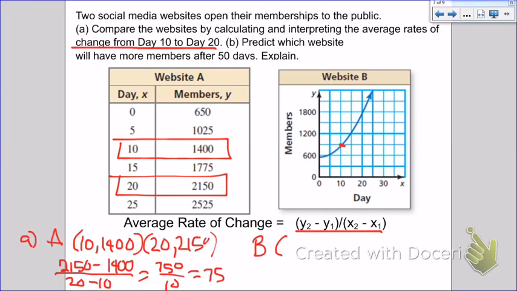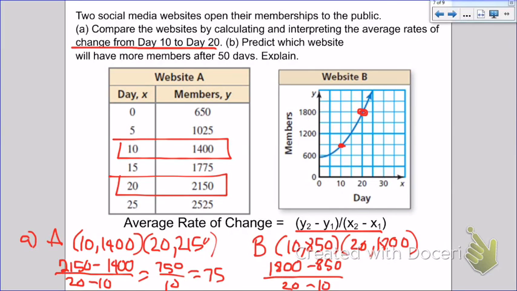On the graph, it looks like it's about (10, 850) and (20, 1800) are my points. So again, I've got my 2 points, 10 and 20. Change of y, 1800 minus 850 over change of x, 20 minus 10. And those numbers give us 950 divided by 10, which is 95.